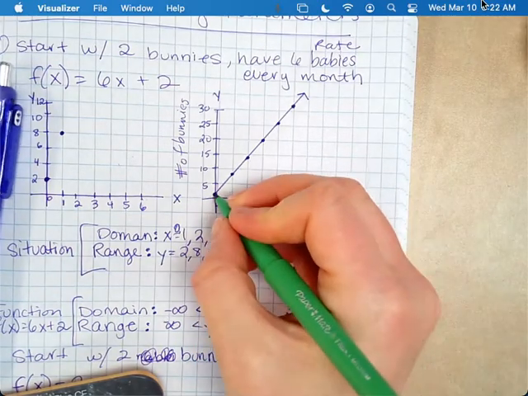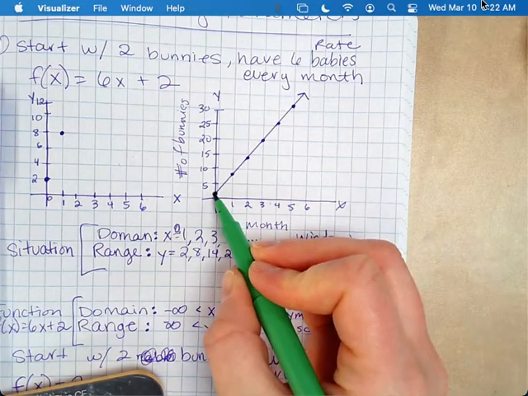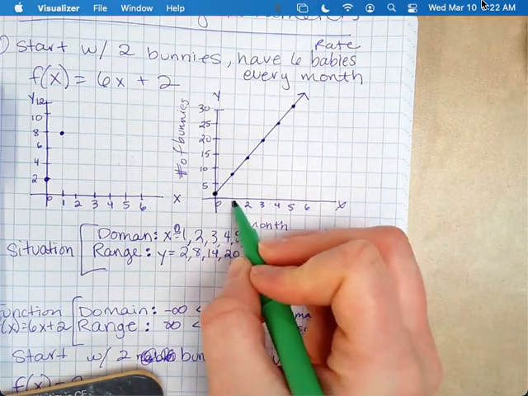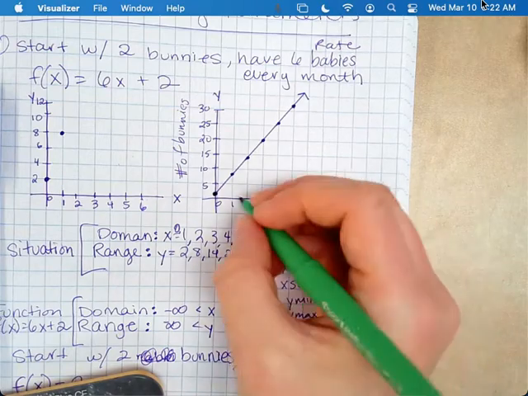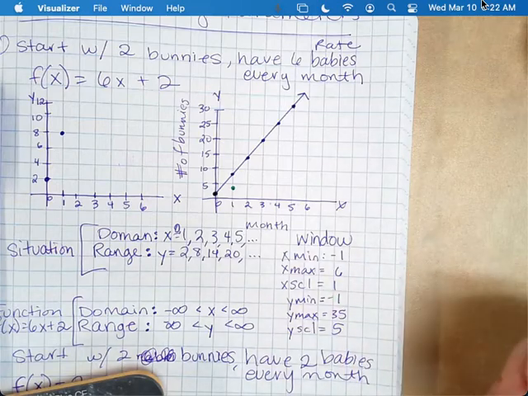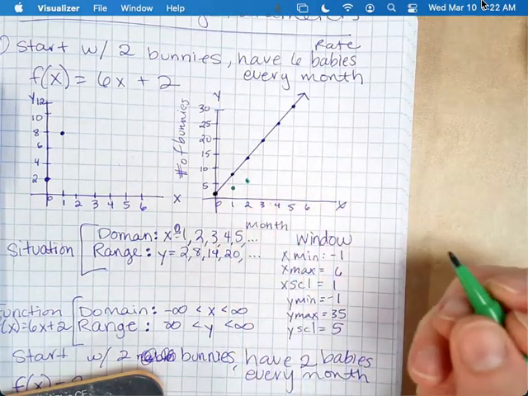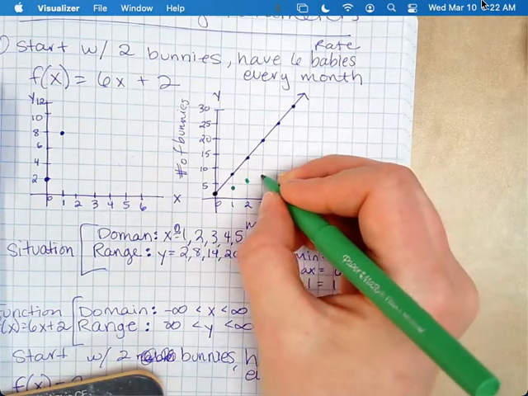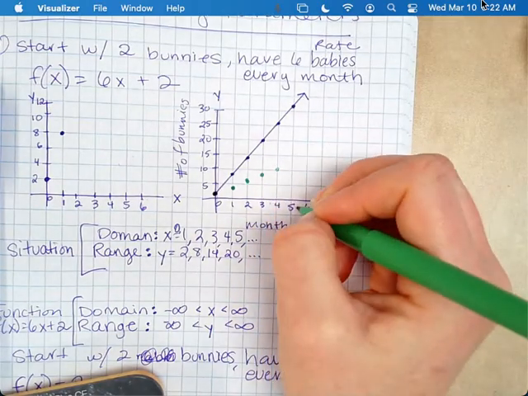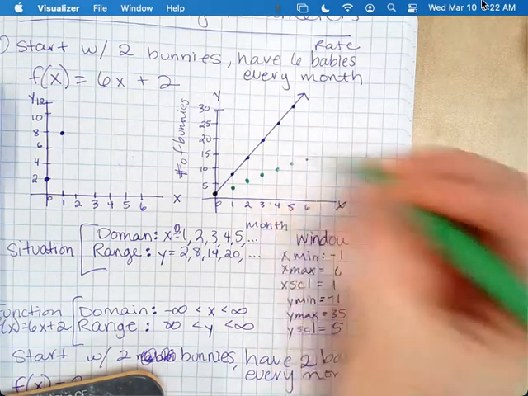It starts with 2, right? And then it goes up by 2 every month. So that's my first point. I'm going to graph it with a different color because I like different colors. So after month 1, how many would we have? 4. Plus 2 more. So what would that be? 6. Plus 2 more. What would 3 months be? 4th month? 5th month? 6th month? Okay.